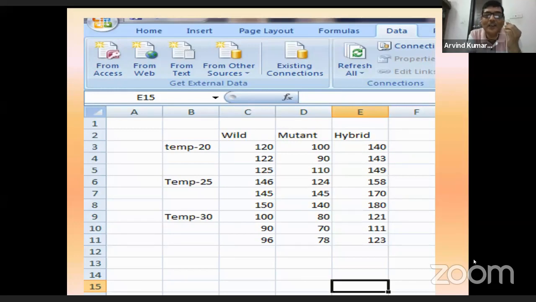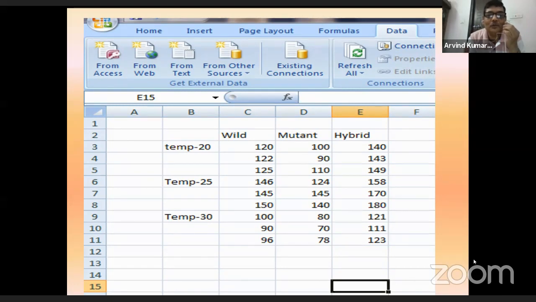Then the number of eggs laid by mutant when the experiment was conducted thrice. Since you have conducted an experiment several times, you can put those values, and so you are replicating, but the number of replicates will have to be exactly the same for all the cases. So this thing you have to take care.